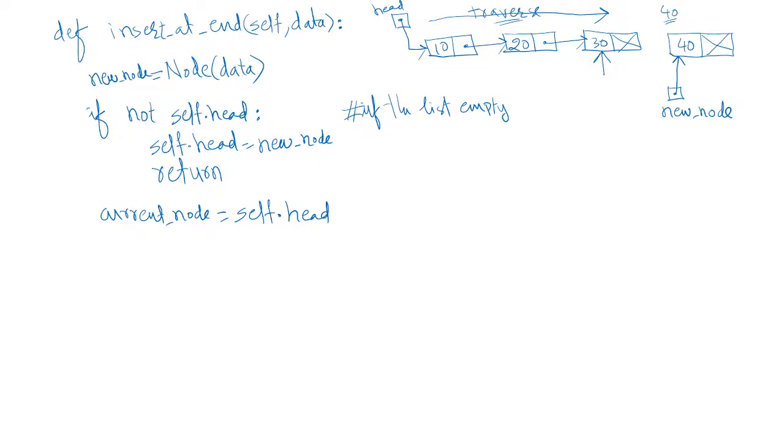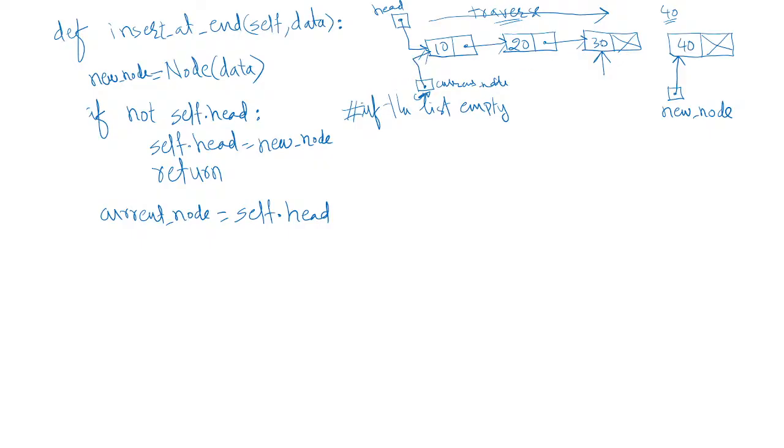You should always start from the first node only. You should not disturb this head pointer. So we take a temporary pointer called current node, and this current node points to the first node.